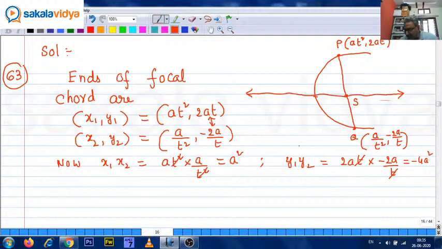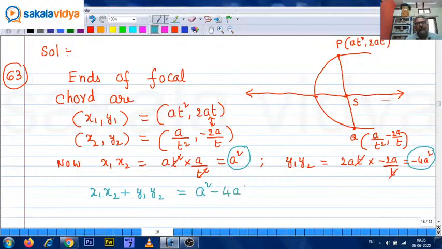Now what do we need to find? We are asked to find x1 x2 plus y1 y2 equals: this is a square, this is minus 4a square. So a square minus 4a square equals minus 3a square.